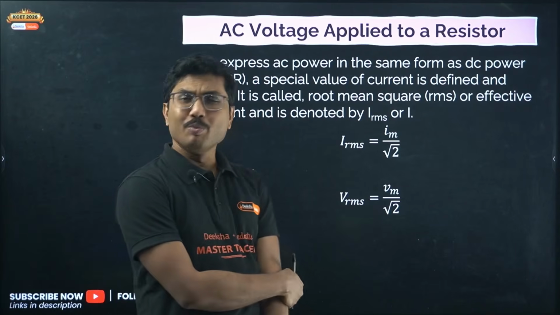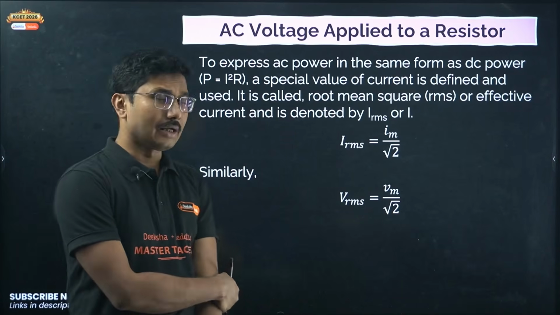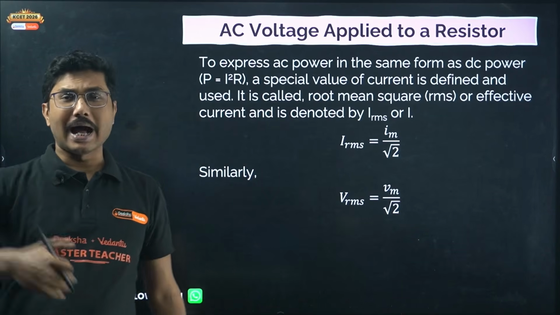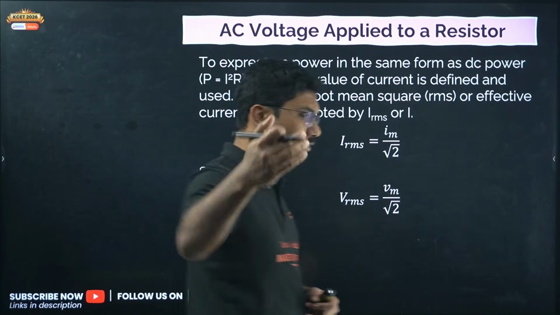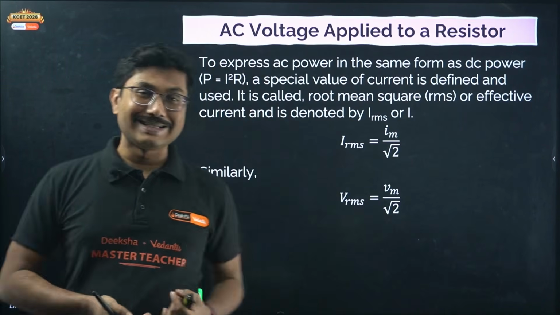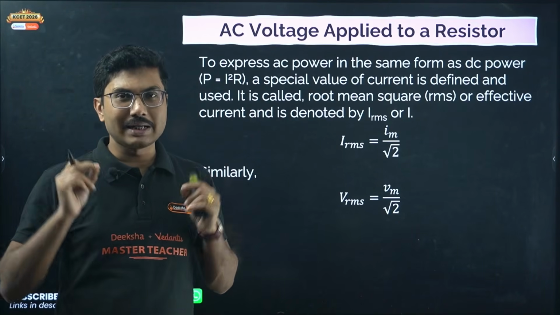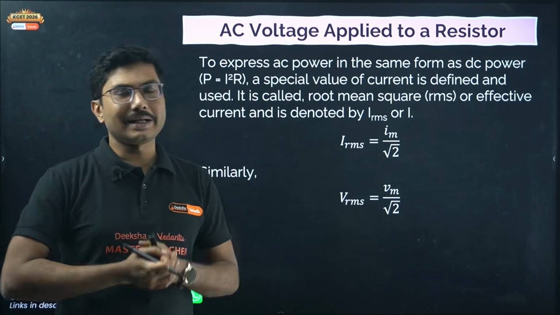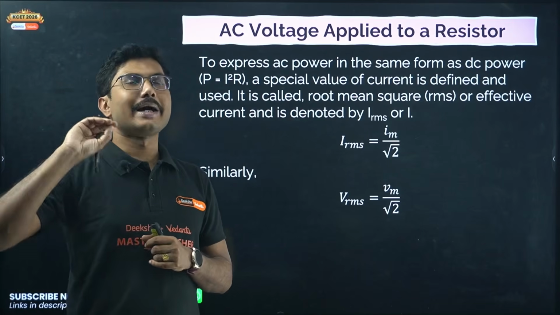Okay, you may follow it strictly at this level. It is not very essential, but at a higher level, as you move to your engineering classes or maybe in your physics classes, AC current will always be represented by small i. So if you see small i as a current, that will be AC current. Capital I current is basically represented by DC current or RMS current.